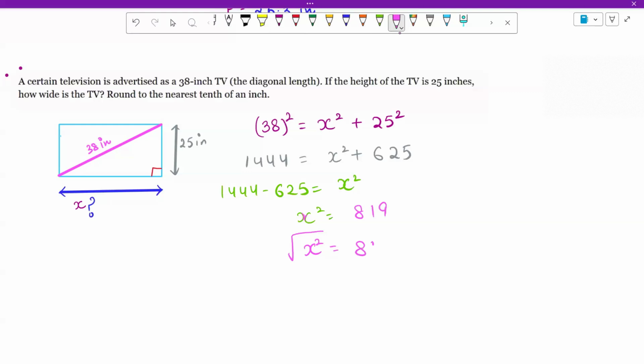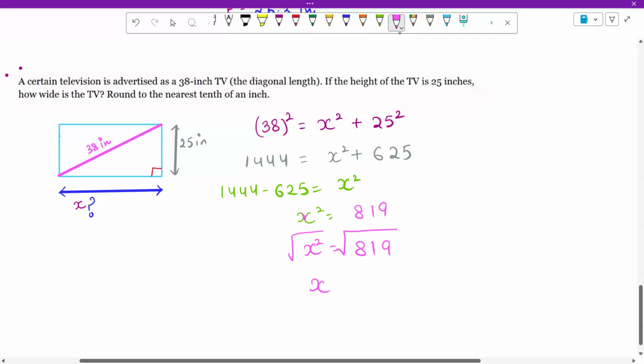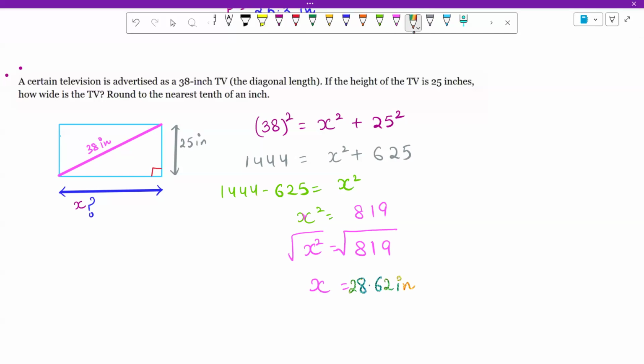How much is the square root of 819? It's 28.62. And they are telling us to round to the nearest tenth of an inch.